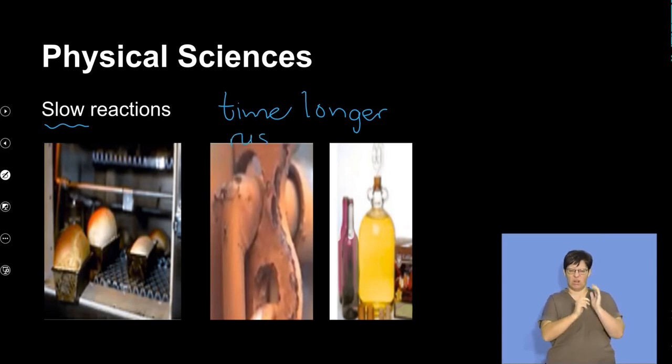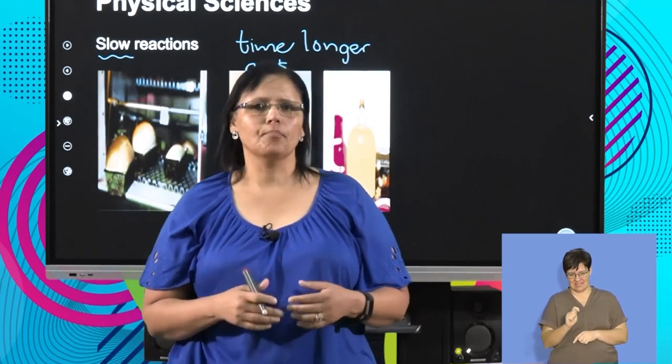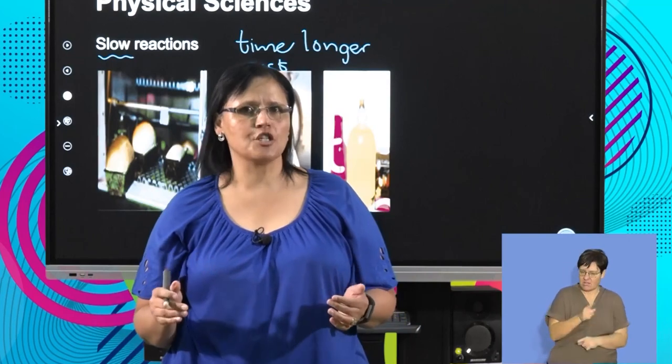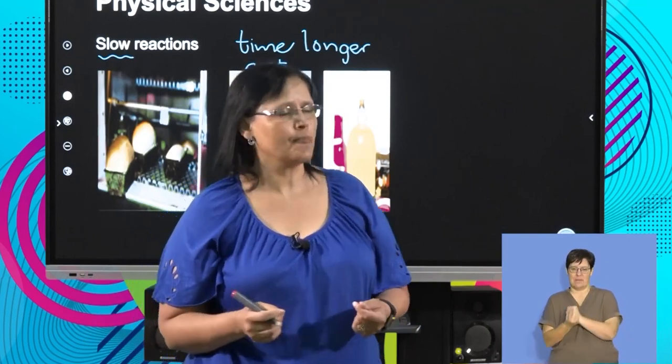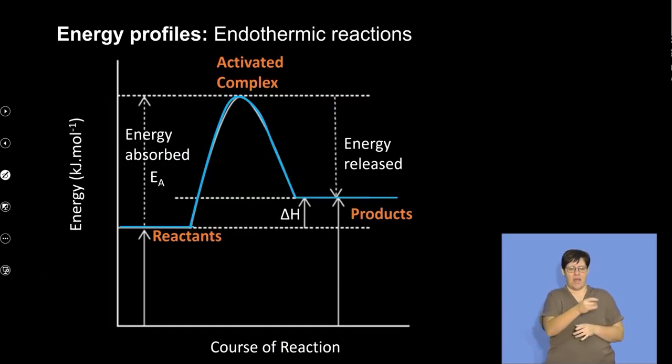Rusting happens over long times, where your iron, for instance, is exposed to oxygen and some moisture in the air, and that iron will then rust, becoming brownish on the outside. It's a very slow reaction, but it does happen. Another reaction is the fermenting of fruit juices to make wine.